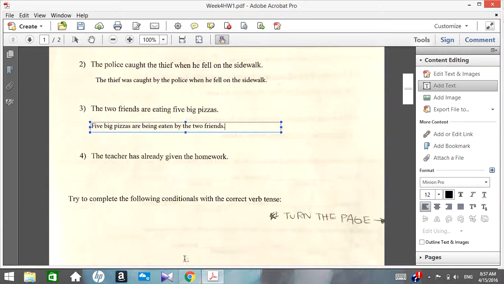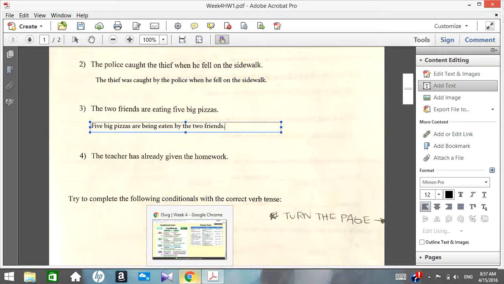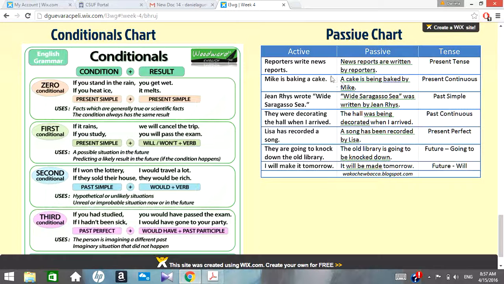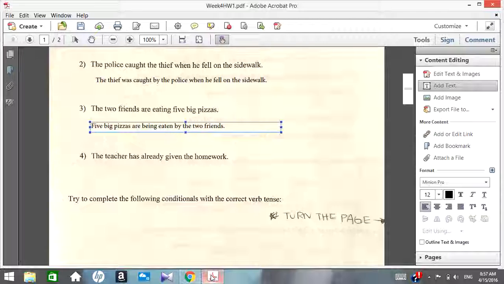Okay, and again, if you're still having trouble with it, make sure you go back to this chart. So here, right, we have the present continuous. So we have to always take this form, is being, and then the past participle of the main verb in the sentence.